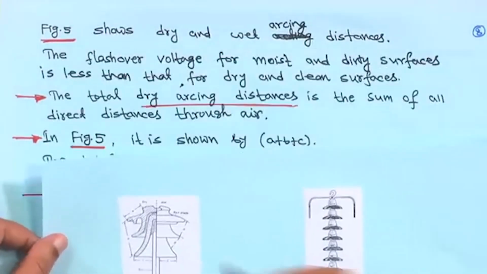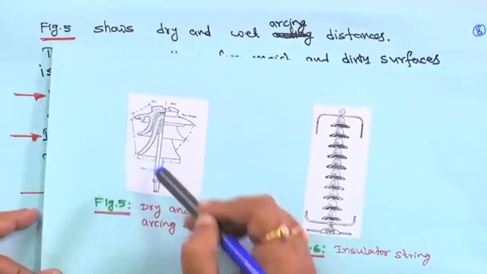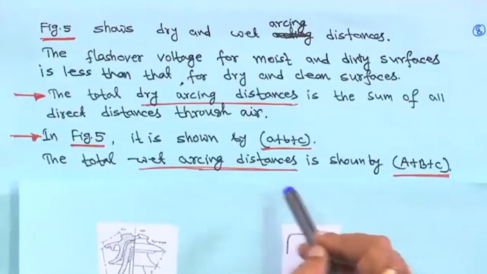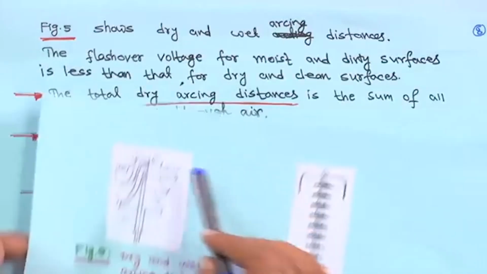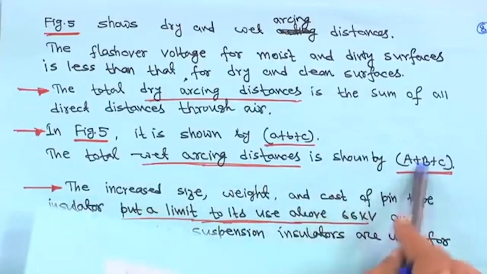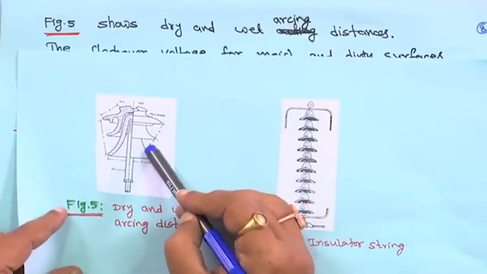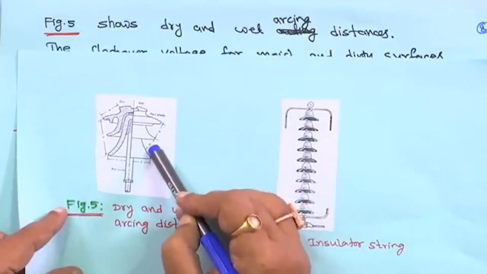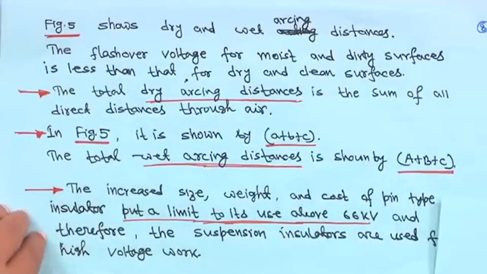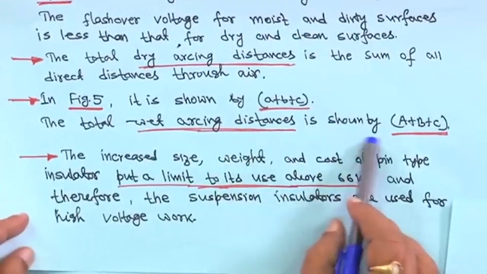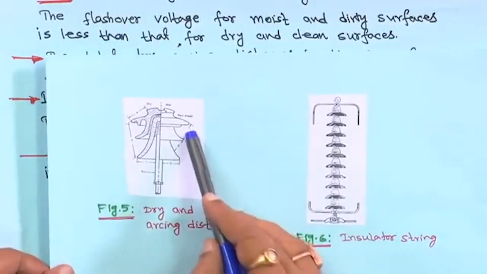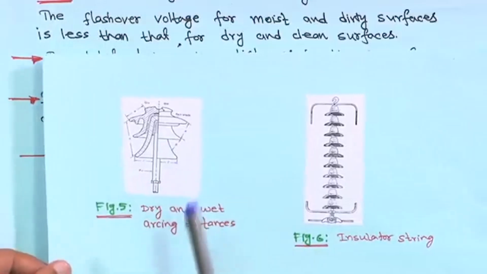So this is the total dry arcing distance, this one is A, this is B and this is C, and the total distance is A plus B plus C. For the wet arcing distance, this is A, this is B and this is C, and the total wet arcing distance should be shown by capital A plus capital B plus capital C in this figure.